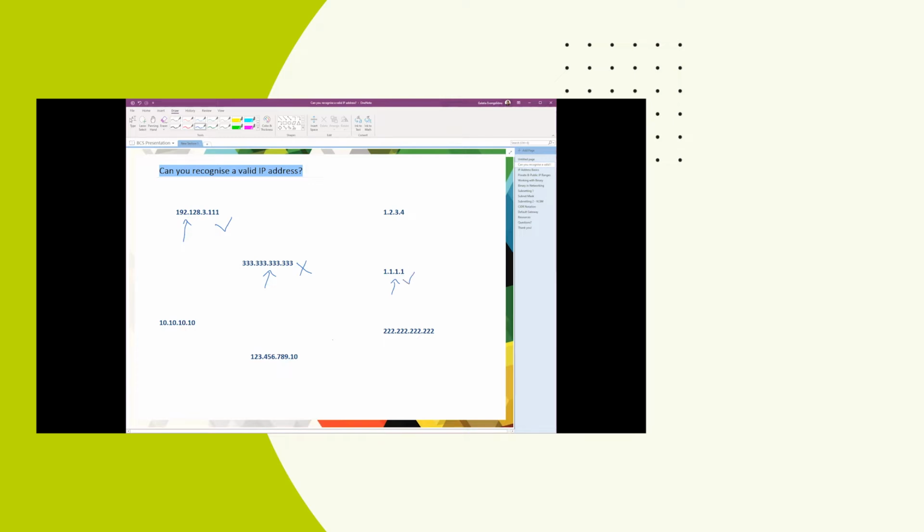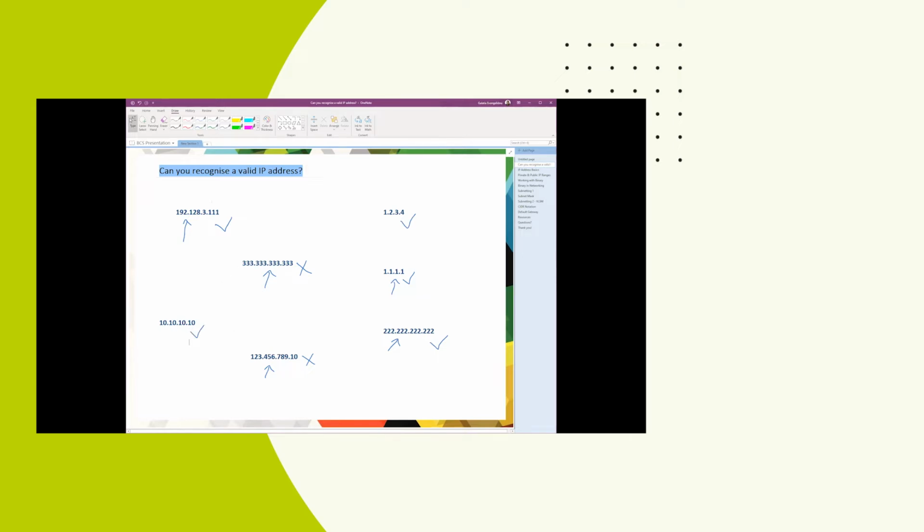What about, let me try a trickier one, this one. That's correct. This is not a valid IP address. This one? Yes, yes. I'm glad to see that some of you could recognize the IP addresses. So just to make sure, this is a valid IP address and this is a valid IP address.